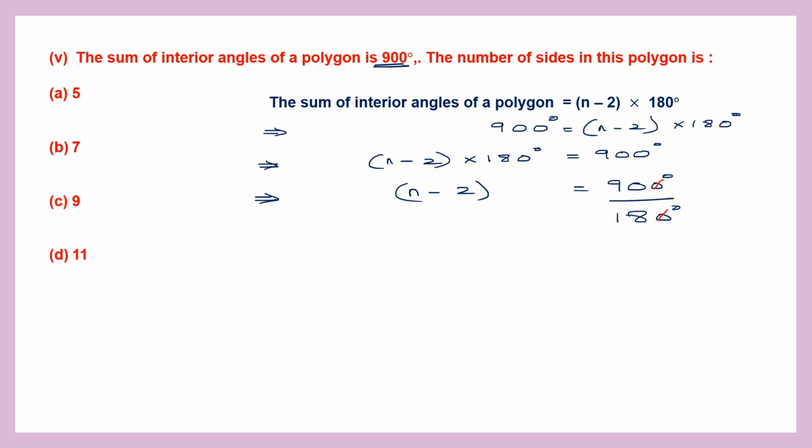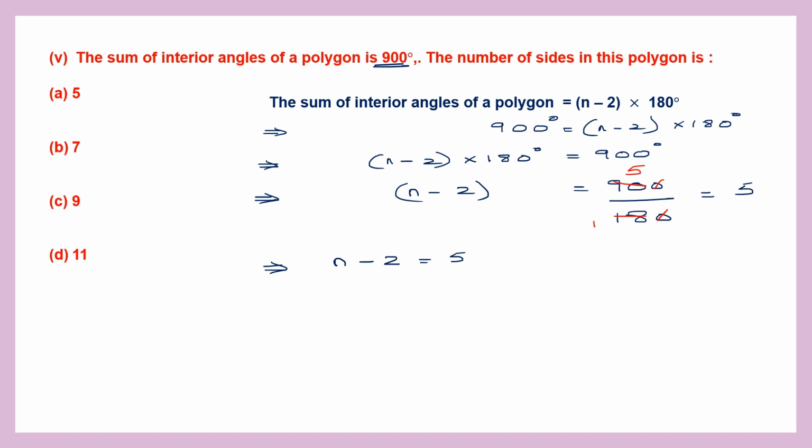I can divide 90 by 18. 18 ones are 18, and 18 fives are 90. So here I have 5 by 1, or simply 5. So now I have found the value of n minus 2, which is 5. It's not 5 degrees because the degrees get cancelled. Okay. So here we have 5 only.